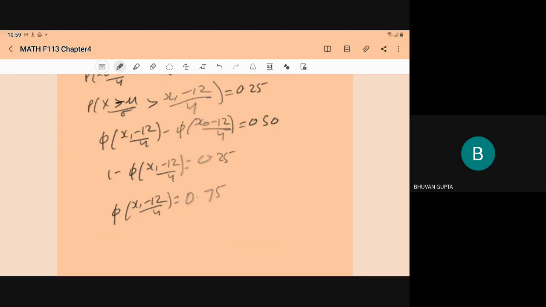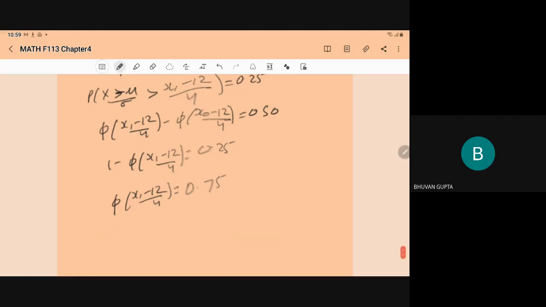If you look at the table value, phi of 0.67 is 0.7485, and phi of 0.68 is 0.7517.